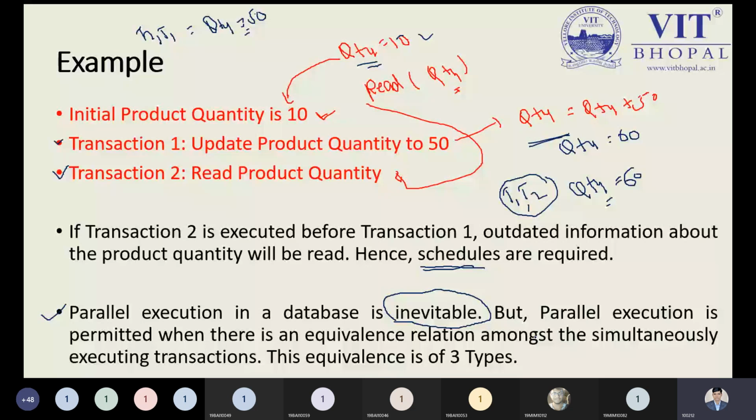There are three types of equivalence: view equivalence, read equivalence, or conflict equivalence. Mostly view equivalence and conflict equivalence are applicable. But I will tell you with examples of the different kinds of equivalence tomorrow. So tomorrow you will have to come and attend the class properly.